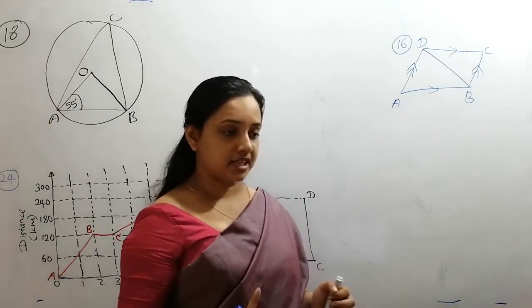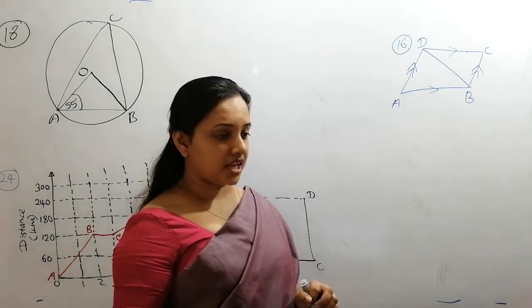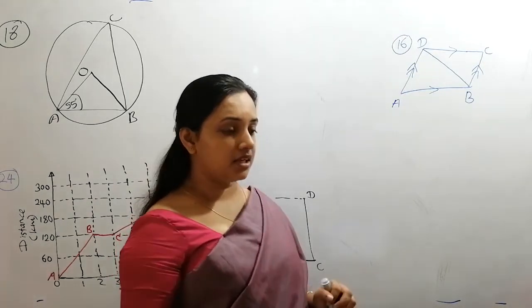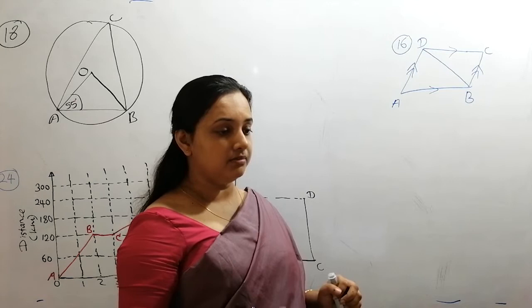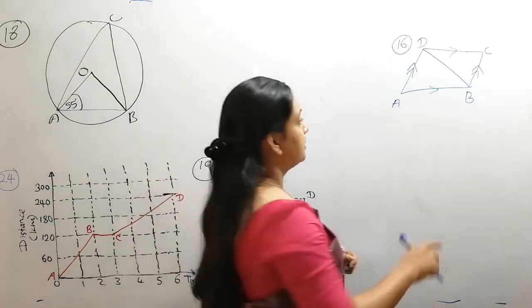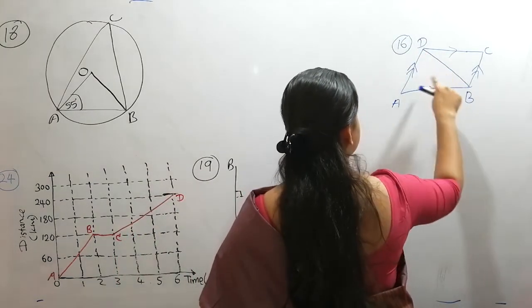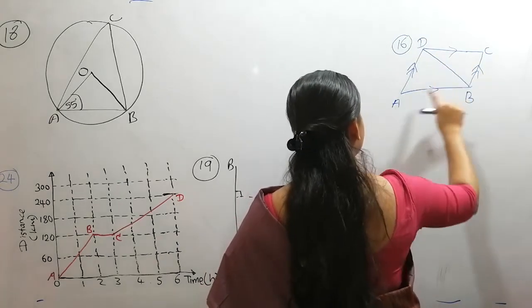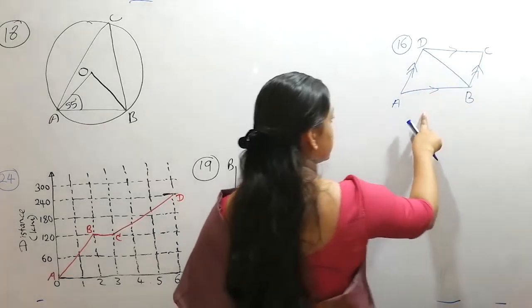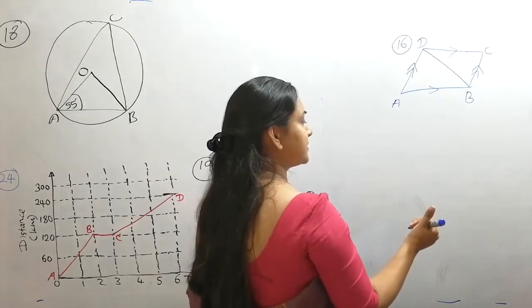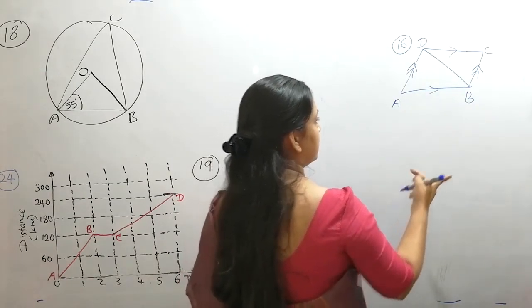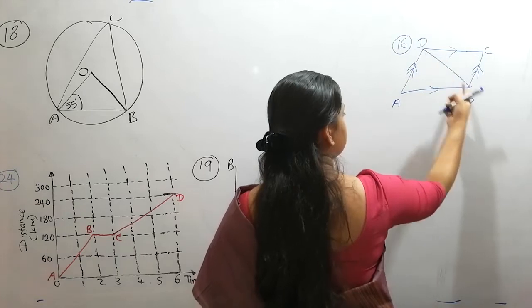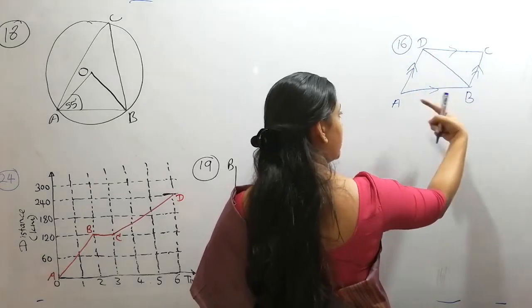Then the first statement: the area of triangle ABD is equal to half of the area of the parallelogram ABCD. ABD is a triangle. Is the area of this one equal to half of the area of this whole parallelogram? Is it correct? Look here, BD is the diagonal of the given parallelogram.